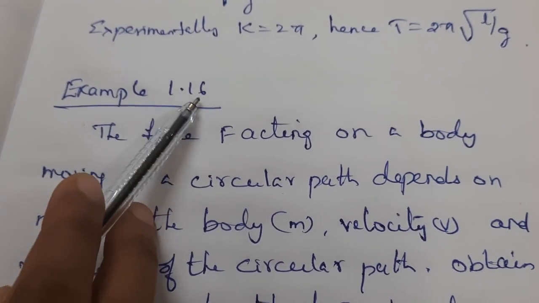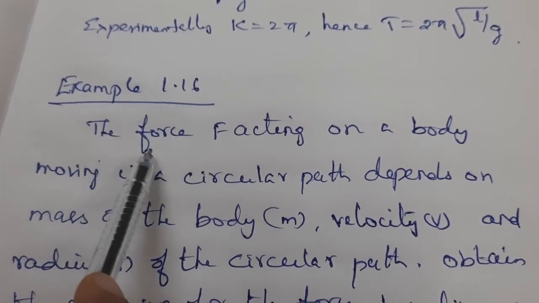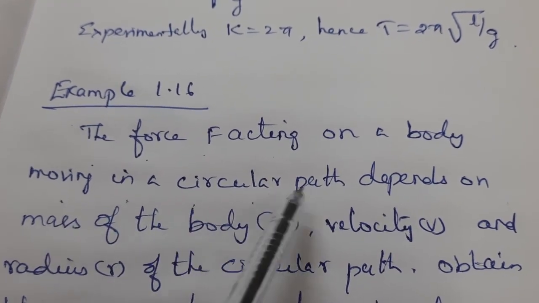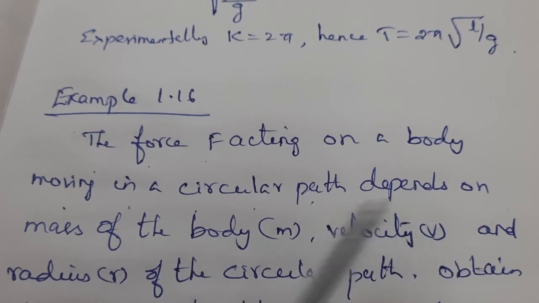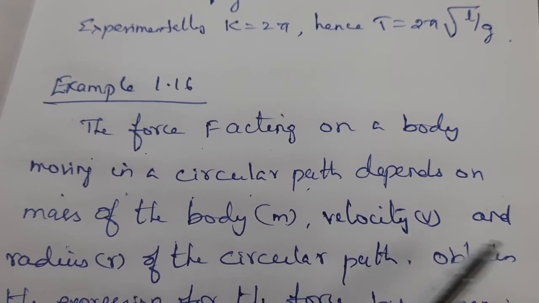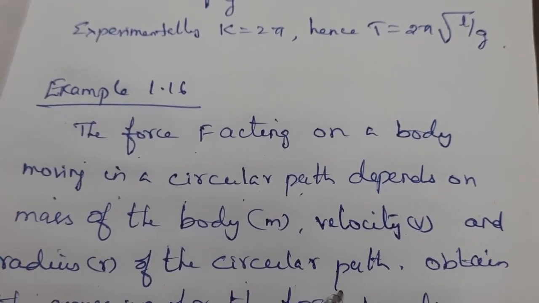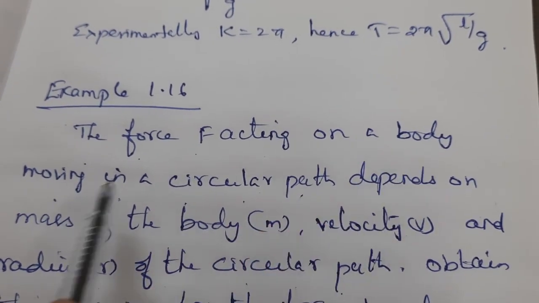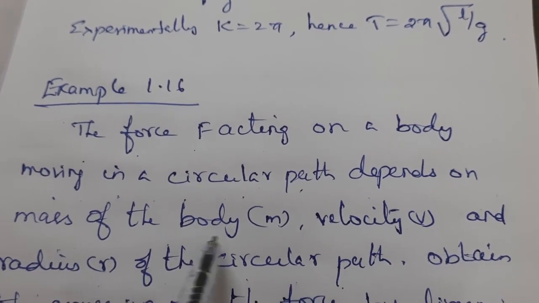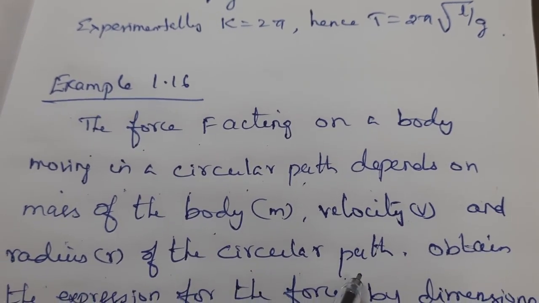Example 1.16. The force F acting on a body moving in a circular path depends on the mass of the body m, velocity v and radius r of the circular path.